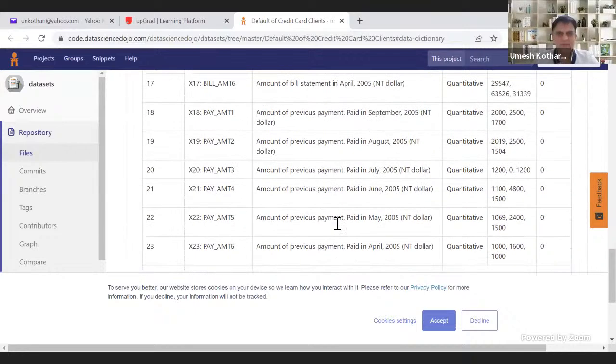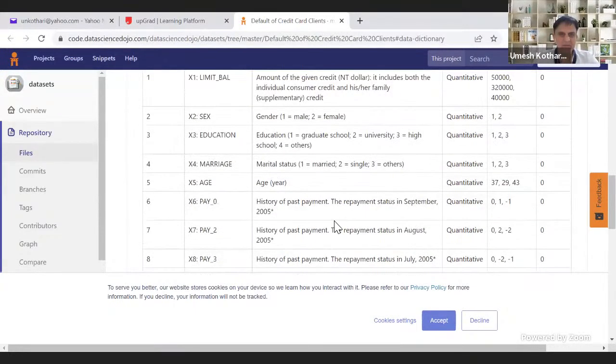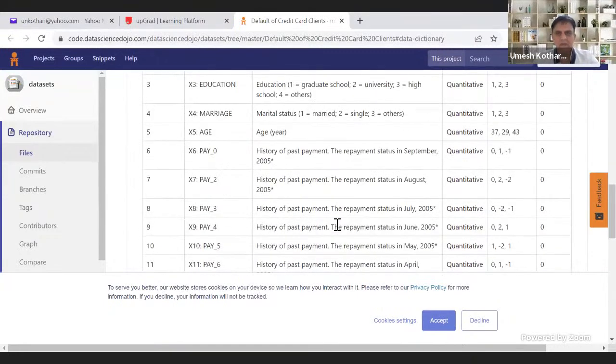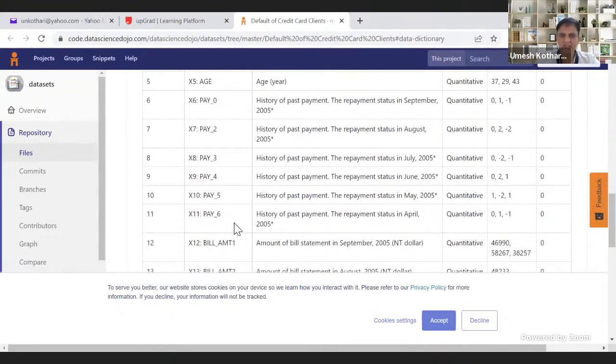Yeah, but that is for which question? I think it is for all these. History of past payment. The payment status is September 2005. This is August 2005. This is July. So this is month after month. And that is what is giving you your pay 0, pay 2, pay 3, pay 4, pay 5, pay 6.